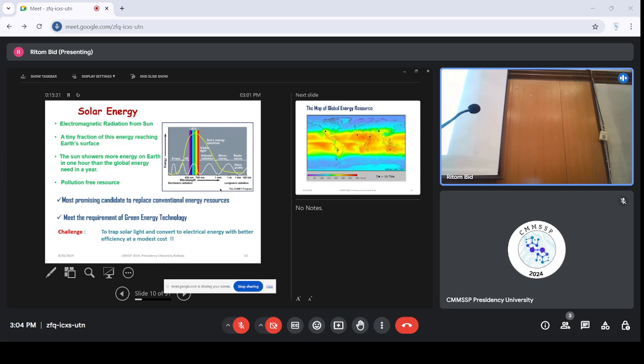That means the light we get on the Earth's surface from the sun mostly has a visible range of light, right? When it travels through the atmosphere, the UV part and the IR part get absorbed. So what we get on the Earth's surface is mostly the visible light.